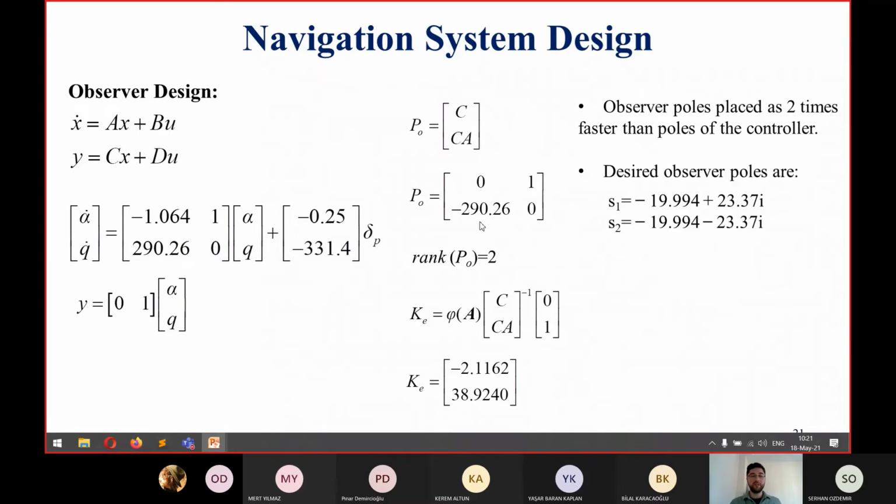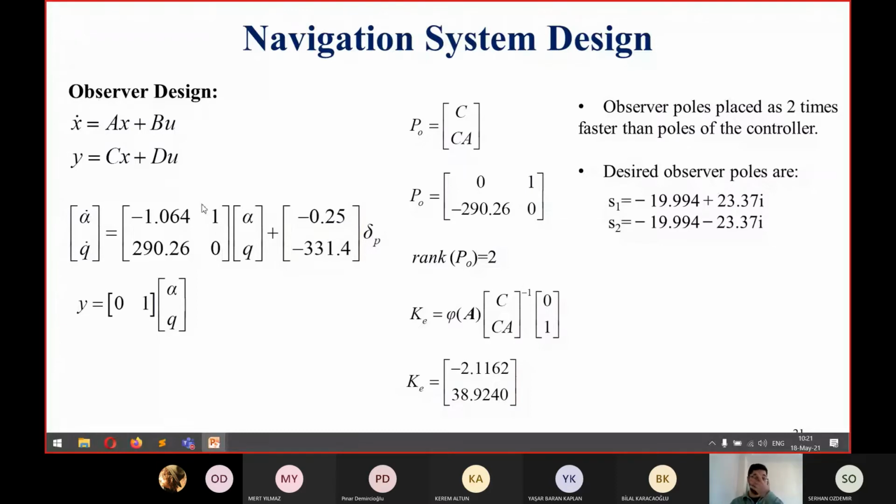And I also designed an observer because, as you know, we cannot measure every quantity in our system. The noise can be high, or the sensors may not be placed in our system. Therefore, I want to make an observer.